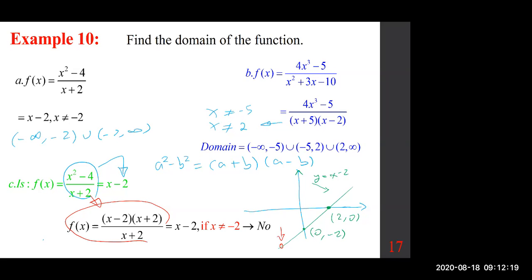The coordinates would be -2. Now you put the -2 into that, it becomes -4. So the line y equals x minus 2 has no holes. The function f of x equals x squared minus 4 over x plus 2 has a hole. I hope everybody's clear what is the difference between the two. All right.